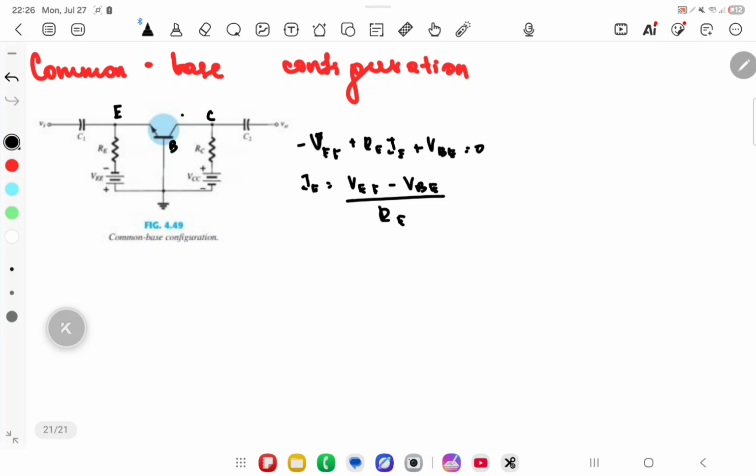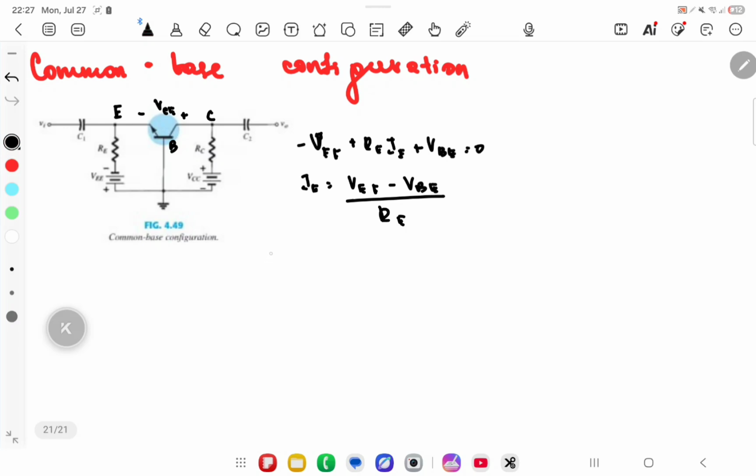If we want to see what our VCE is equal to, then we can take a mesh current equation of this whole loop anti-clockwise again. You can take clockwise, but it only affects the signs. It will never affect the final value unless you make some mistake with the sign.